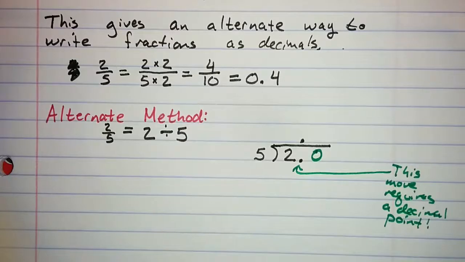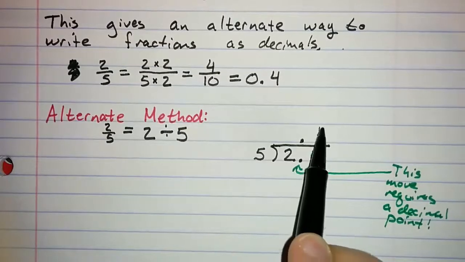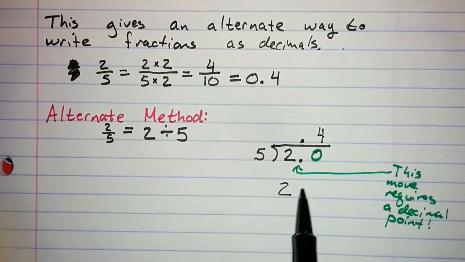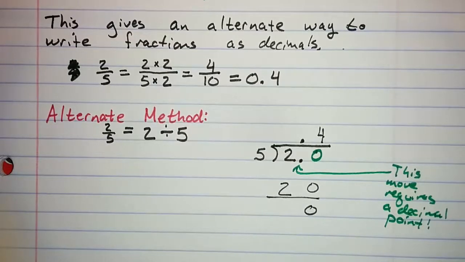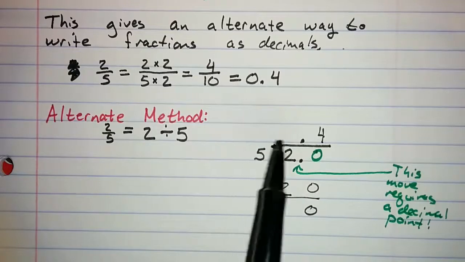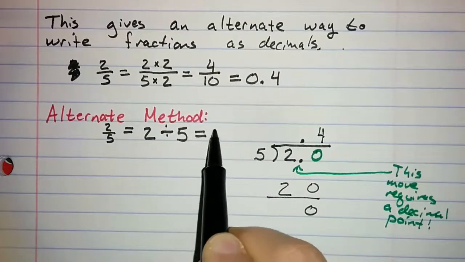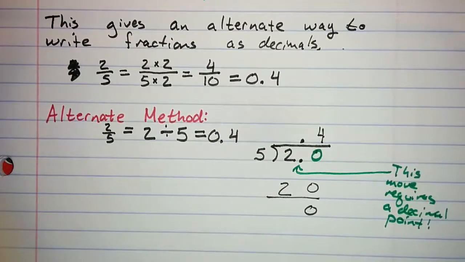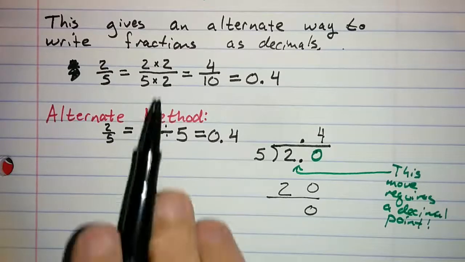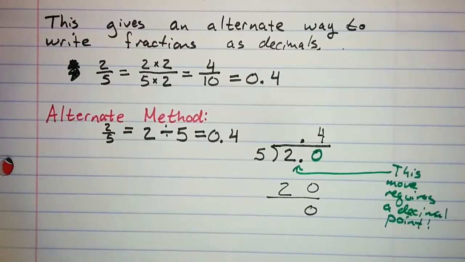We see that 5 goes into 20 4 times. 4 times 5 is 20, so nothing is left over. 2 divided by 5 is the decimal 0.4. All right, for 5, it doesn't really matter which method we pick. They're both pretty easy. Let's see a different example.